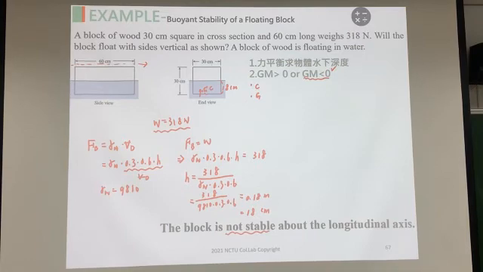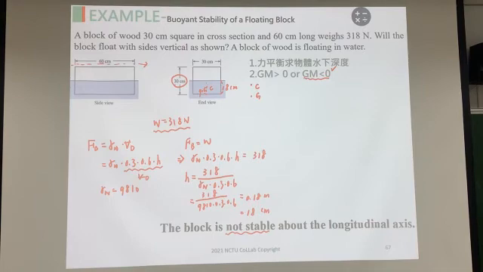And where is G? G is the gravity center. We know the total height of the block is 30, so the center of the 30 is 15.